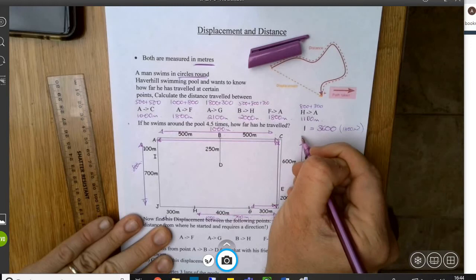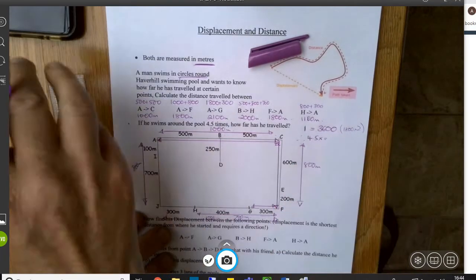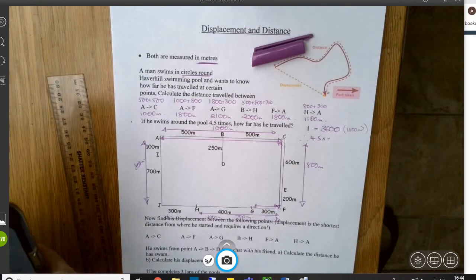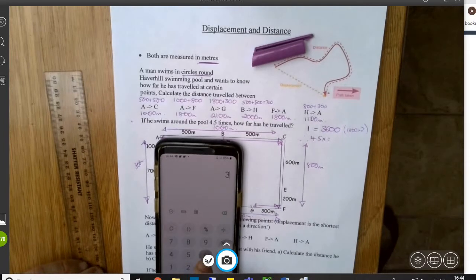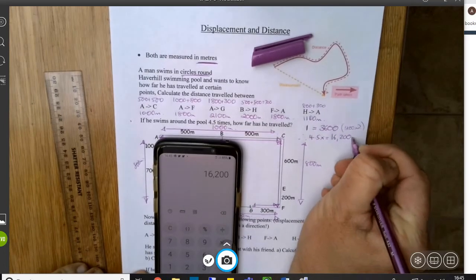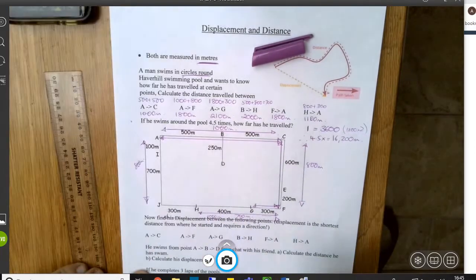Therefore 4.5 times equals 16,200 meters, just over 16 kilometers.